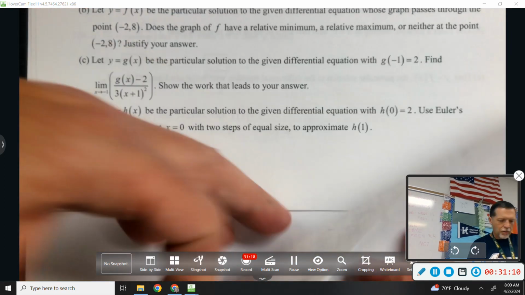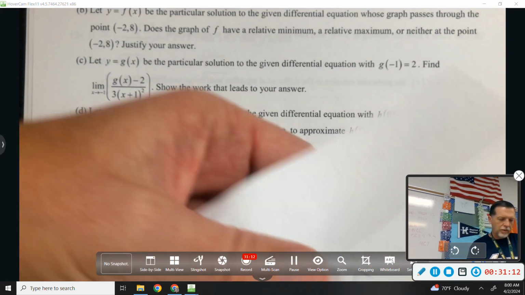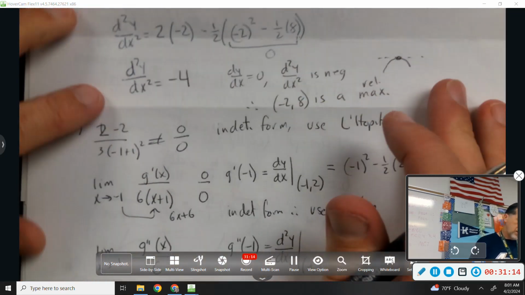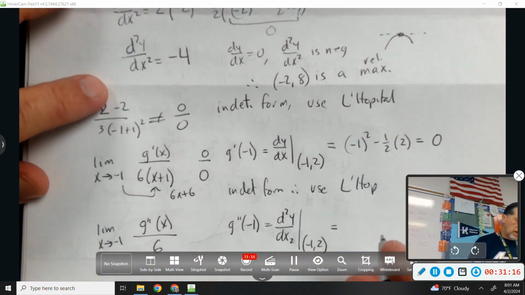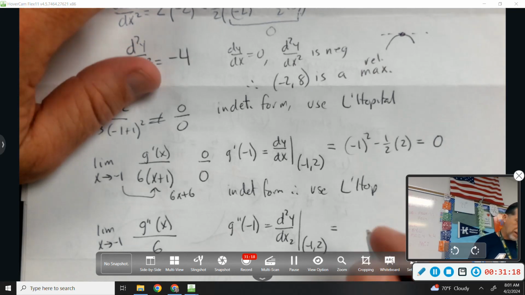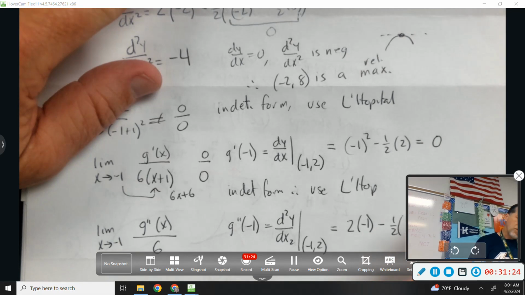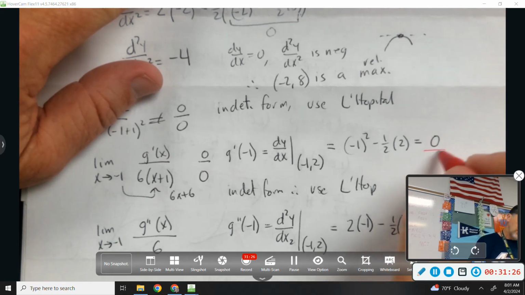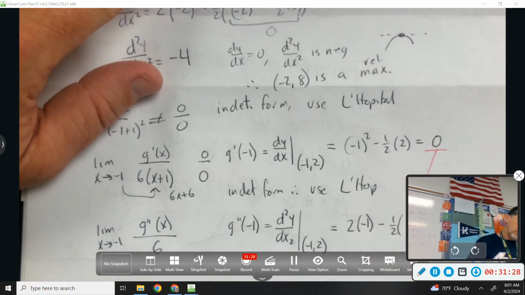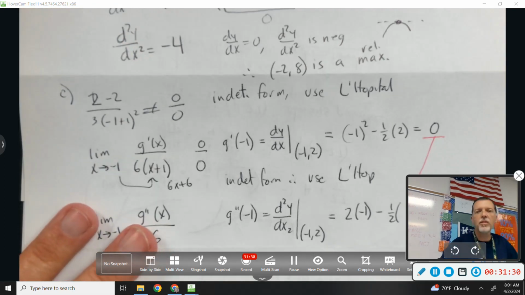And I'm going to go back and find the second derivative, wherever that went. Way back at the top. So 2 times x minus 1/2 times the first derivative. The first derivative was 0, so I'm saving myself a little bit of work here.